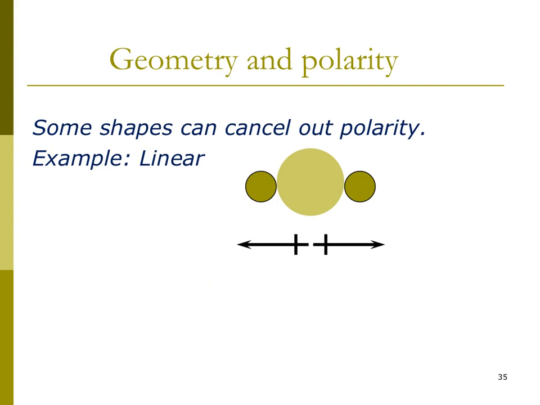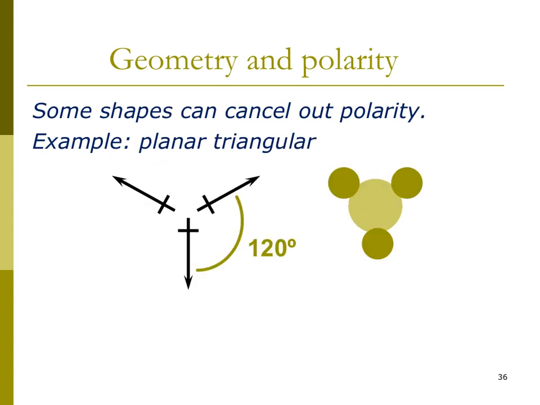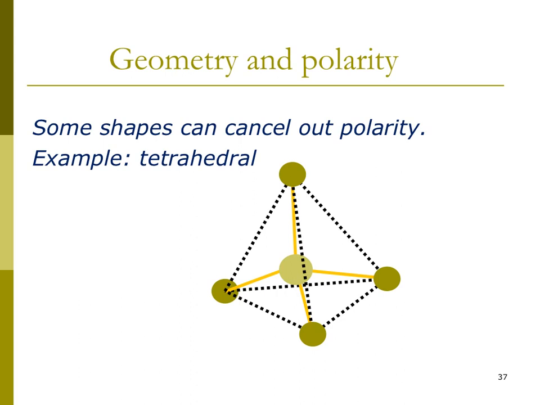There are a couple of shapes where the polarity of the bonds can actually cancel each other out. Linear is one of those shapes. Trigonal planar is also a shape in which the polarity could cancel out. And also tetrahedral. We could have all of the polarities going towards or all of the polarities going away from the central molecule.